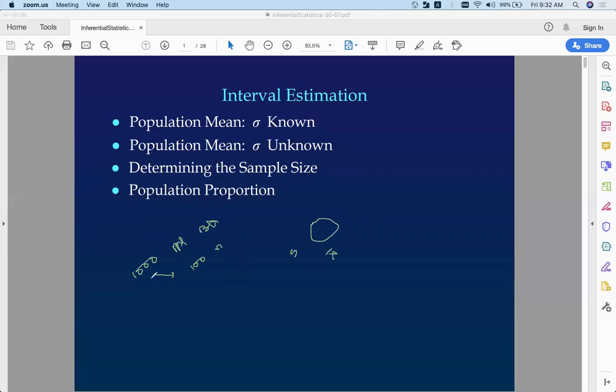Sample size is denoted by small n, and population size is denoted by capital N. So sample mean, can you find? Yes, you can. Let's say the question is the average salary of a person in Bangalore. This is what you're looking for.